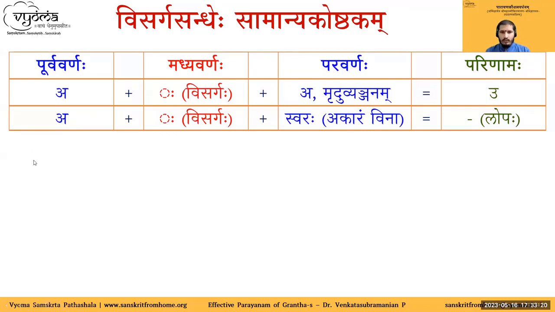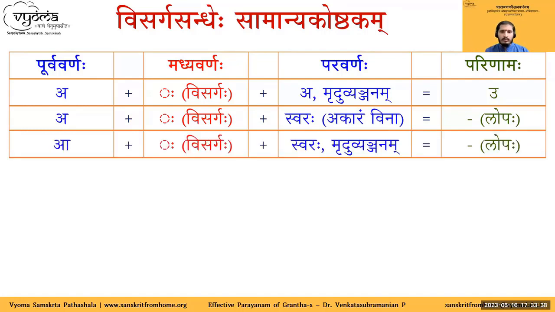Now, we have seen paravarna being A, mrudu vyanjana, and the other swaras. We have left out one category of the letters, that is karkasha vyanjana. What happens if the purvarna is A, madhyavarna is visarga, and paravarna is karkasha vyanjana?